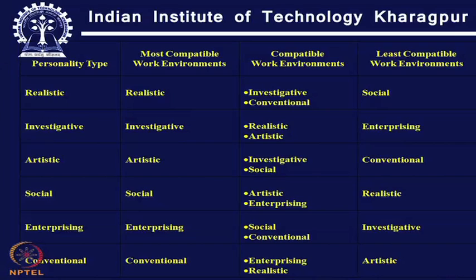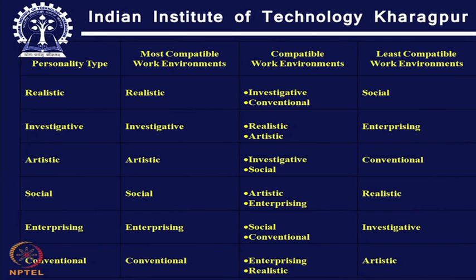For realistic, of course, the most compatible work environment will be realistic. After that, compatible work environment is one which is investigative and conventional, but the least one is social. So, in this way, for investigative, the most compatible work environment is that which provides investigative characteristics.